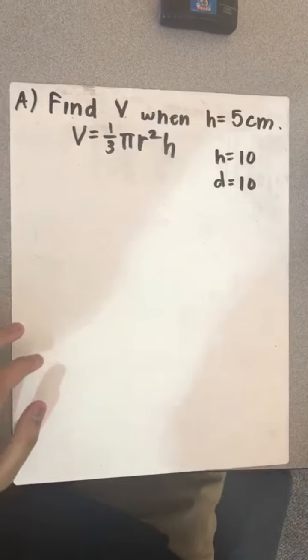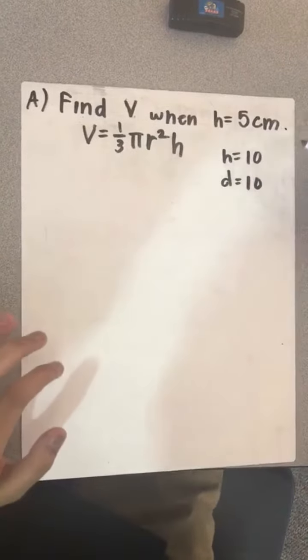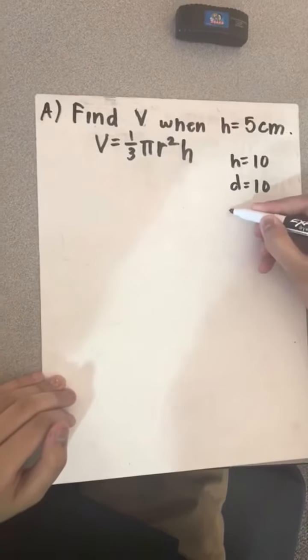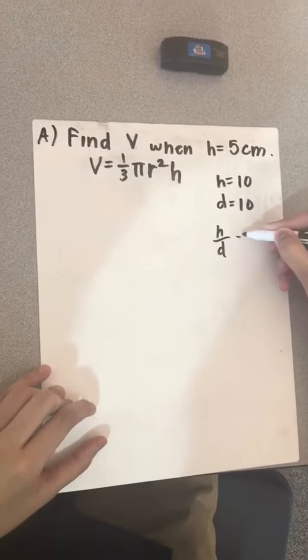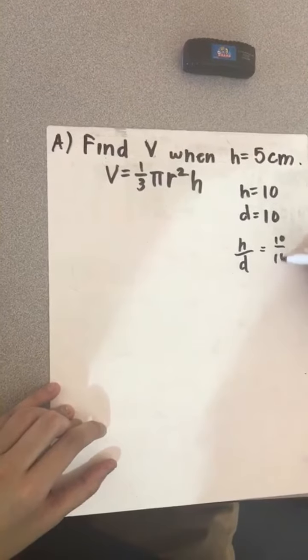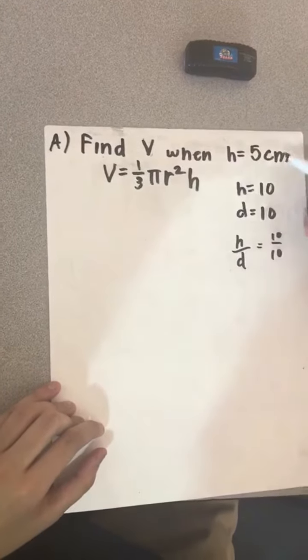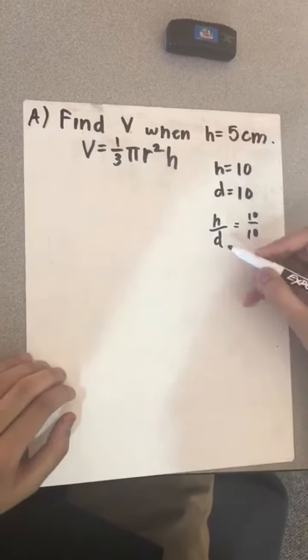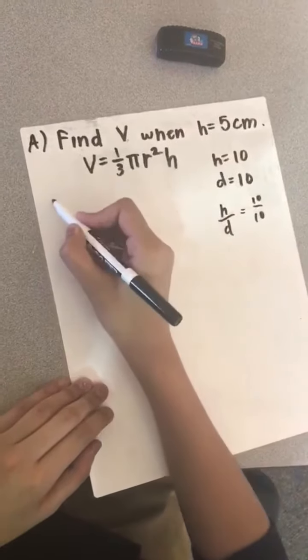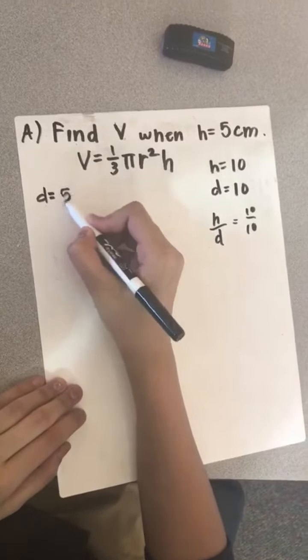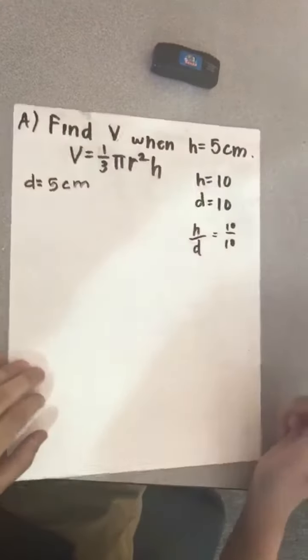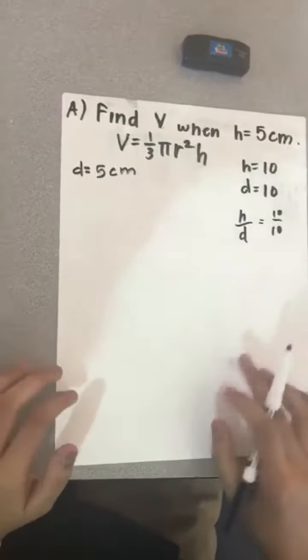So with the ratio, we can call it a height to diameter ratio, which is 10 over 10 or 1. So in this case we can assume that at h equals 5, the diameter at h equals 5 centimeters. Okay, well, let's get started.